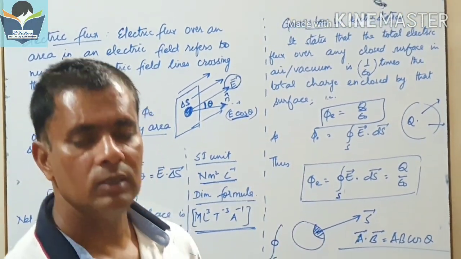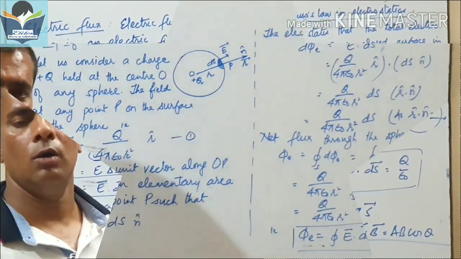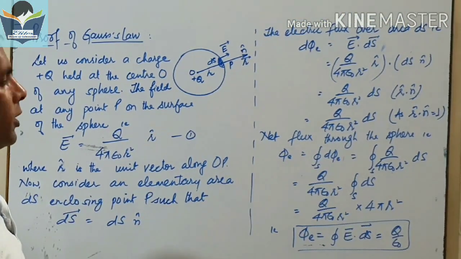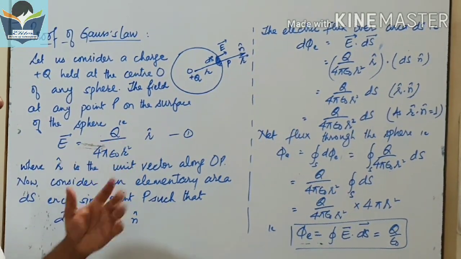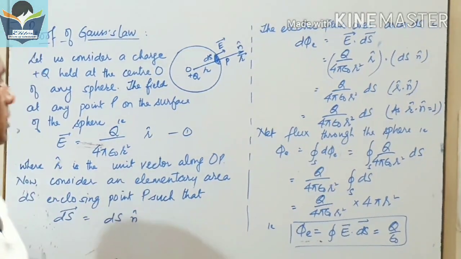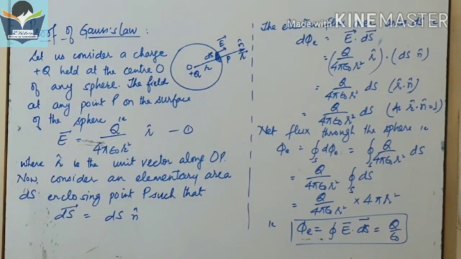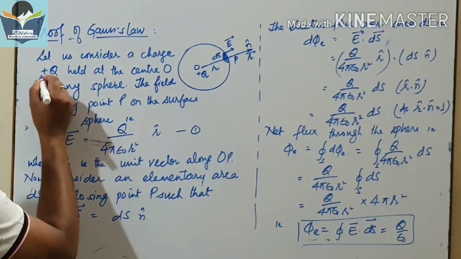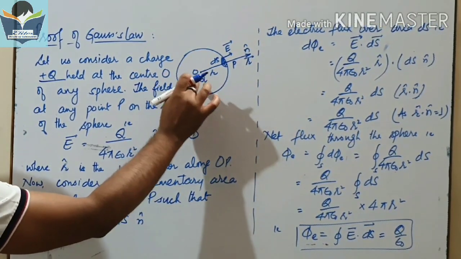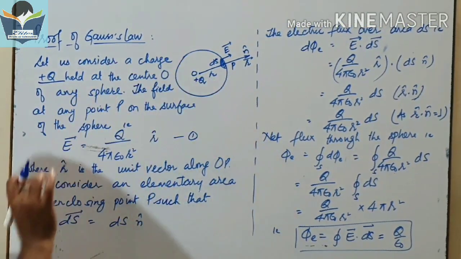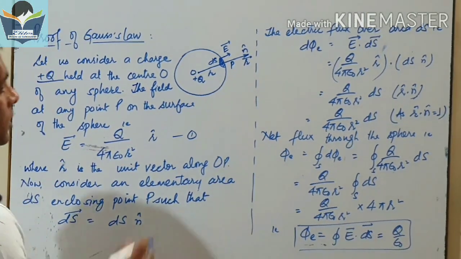How can we prove this Gauss's law? Now we are going to discuss, in continuation of Gauss's law, the proof of Gauss's law. How can we have its mathematical proof? We have considered here a charge plus Q, held at a point O at the center of a sphere.